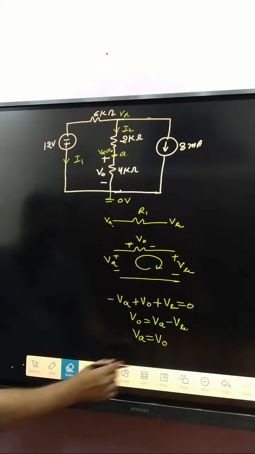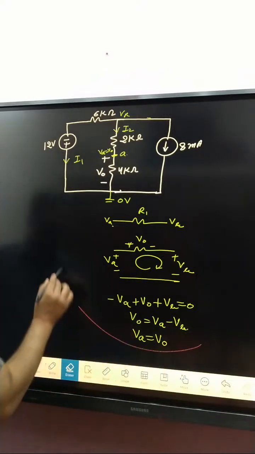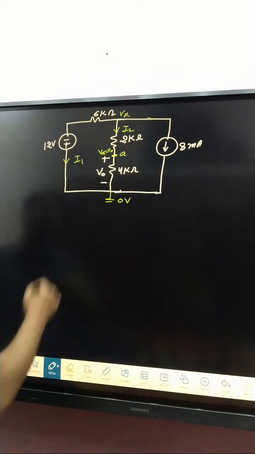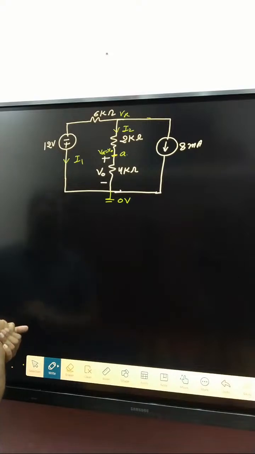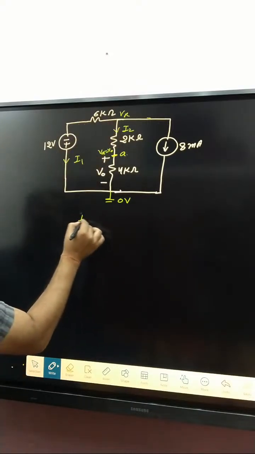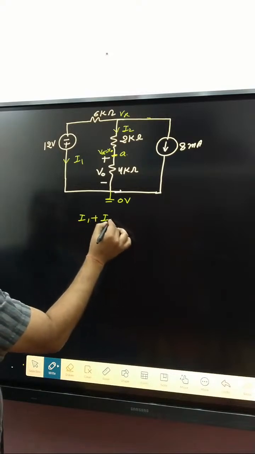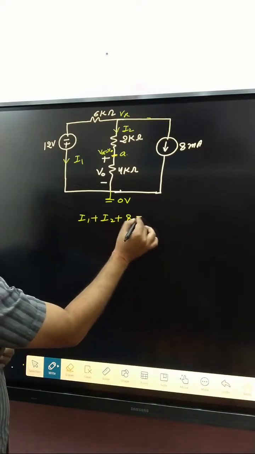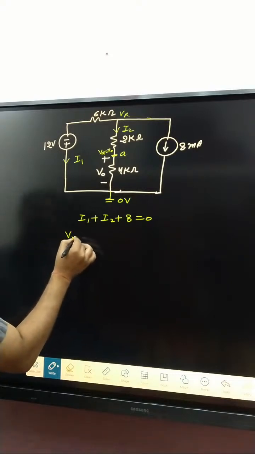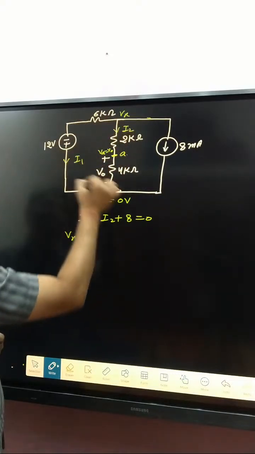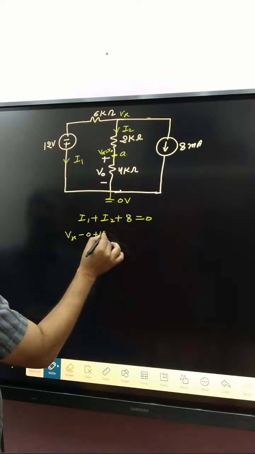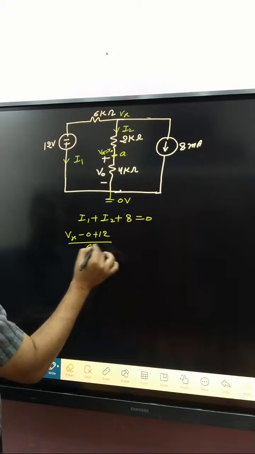So first of all, apply KCL at that node. No incoming current, all currents are outgoing. I1 plus I2 plus 8 is equal to 0. I1 is written basically Vx minus 0, current leaves from the positive terminal, so 12 divided by 6.